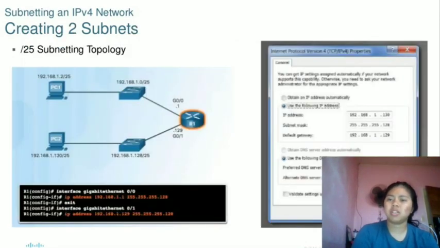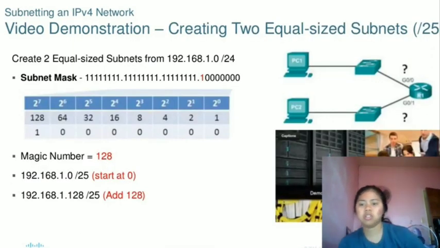Creating two subnets. Subnet topology. IP configuration, general. Use the following IP address. Advanced. Magic number 128. Start at 0 and add 128.